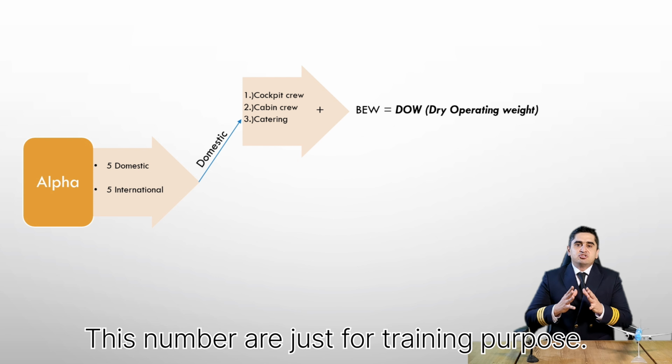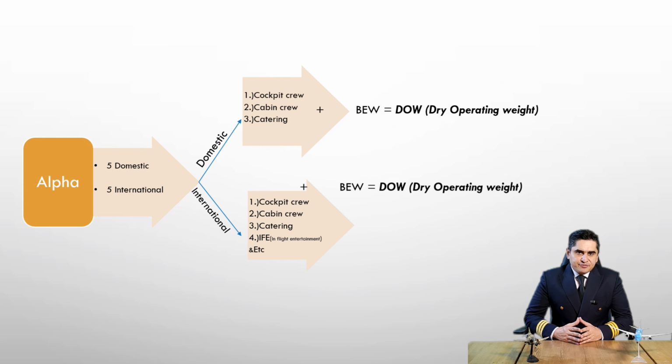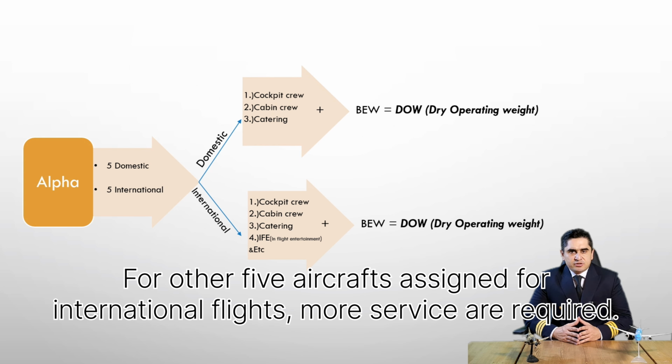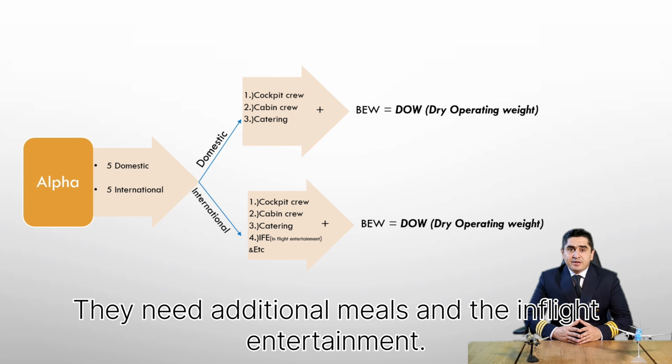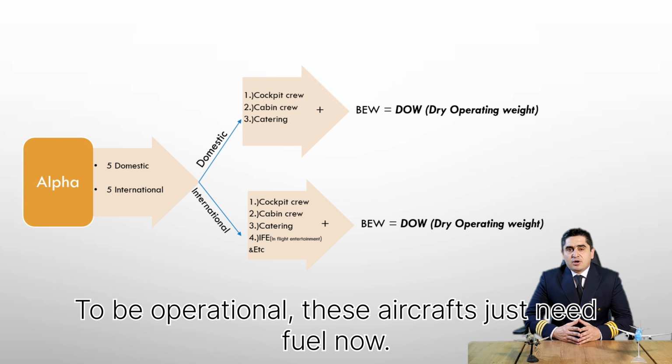These numbers are just for training purposes. For the other 5 aircraft assigned for international flights, more services are required. They need additional meals and in-flight entertainment. Therefore, their dry operating weight will not be the same. To be operational, these aircraft just need fuel now.